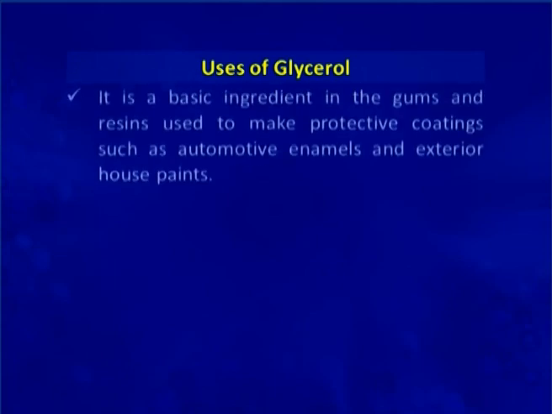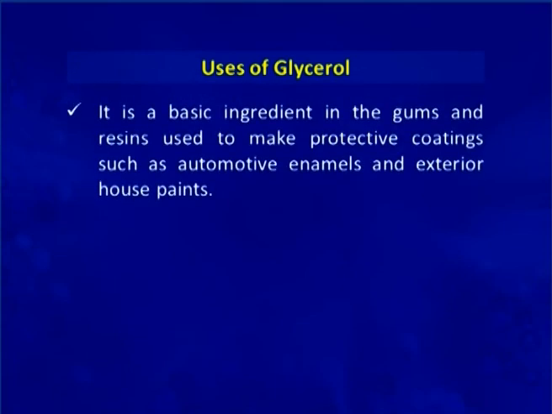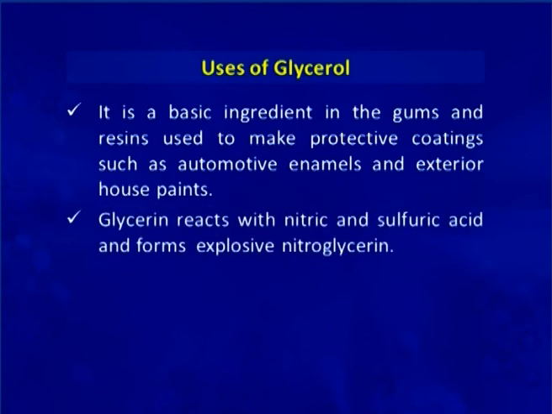Glycerol finds a number of uses in various industrial products, and these uses have been summarized in this slide. You can see here that glycerol is the basic ingredient of gums and resins. It reacts with nitric acid and sulfuric acid and forms the explosive nitroglycerine.